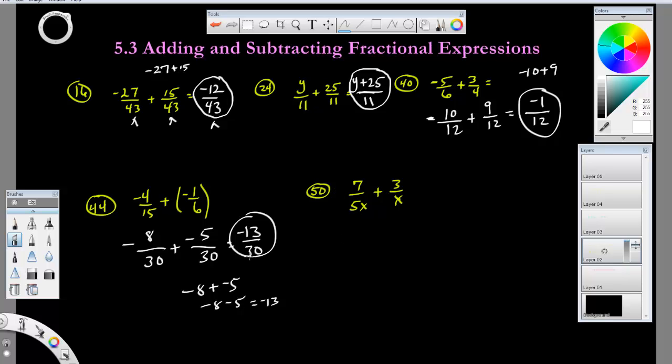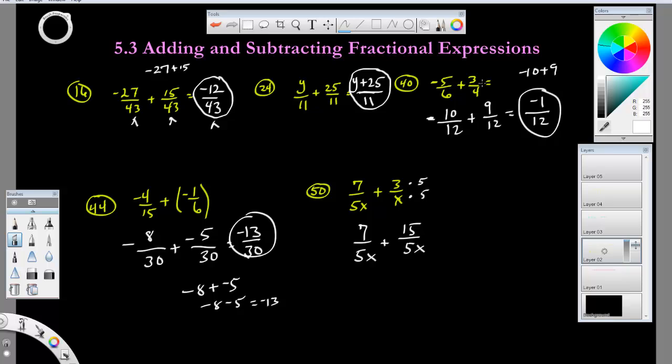But that party just ended when we have variables on the bottom. So let's look at how to handle this. You have to make these bottoms 5x, okay? Because there's an x found in this. You just need to put a 5 right here. So what I need to do here is multiply the top and bottom by 5. Now watch what happens. This is 7 over 5x plus 3, so this would be 15 over 5 times x, which is 5x.